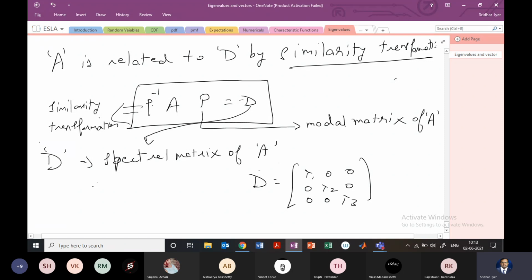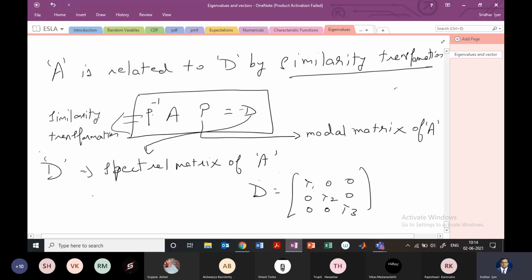So this is the theory behind it, just to let you know the different names that we are using. We will use the name modal matrix of A, which will be P; the spectral matrix of A, or the diagonal of A, which is D; and this entire process will be known as the similarity transformation. This is just the theory part.